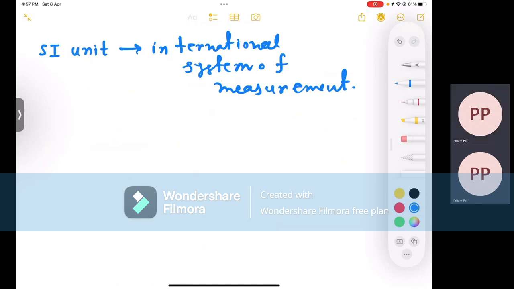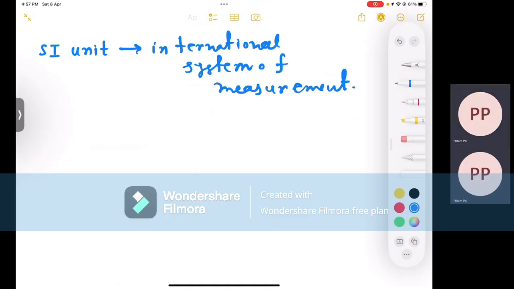These are used universally in technical and scientific research to avoid confusion with the units. Having a standard unit system is important because it helps the entire world to understand the measurements in one set of unit system.